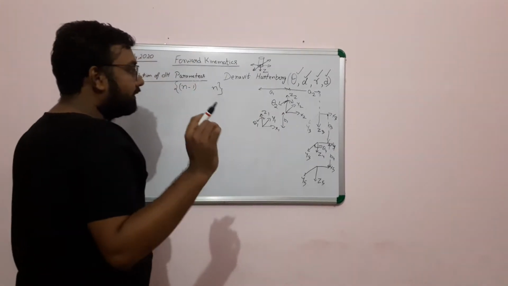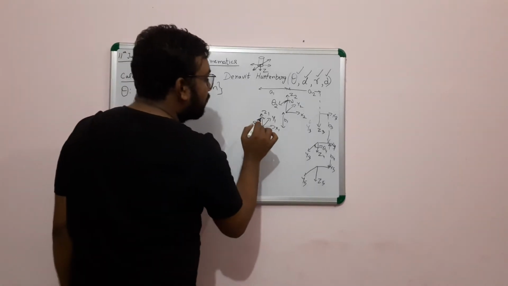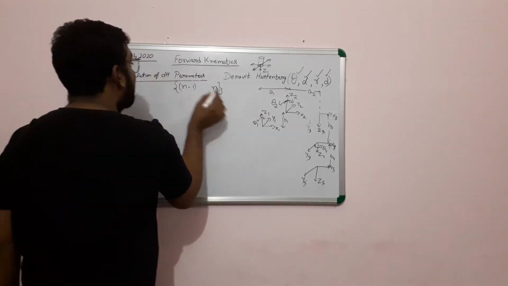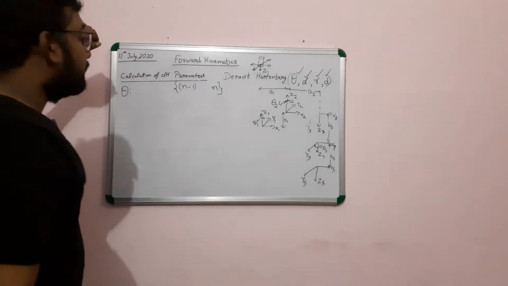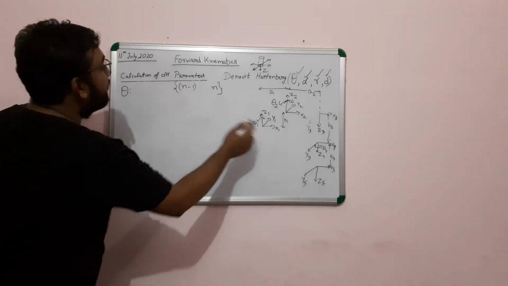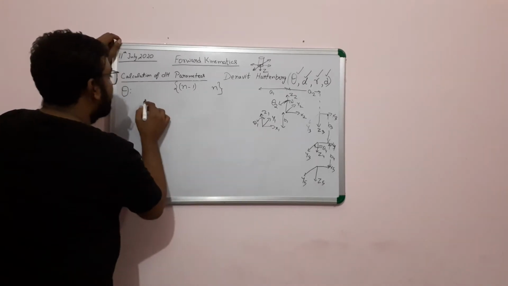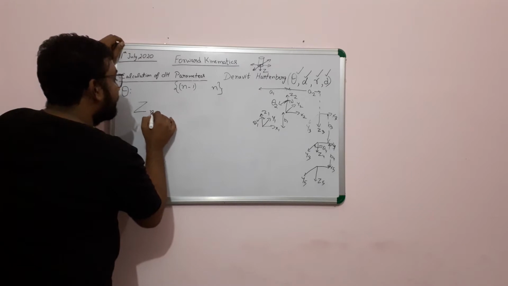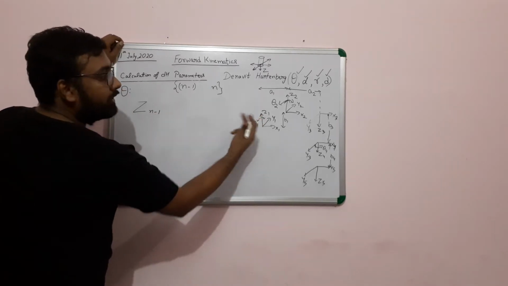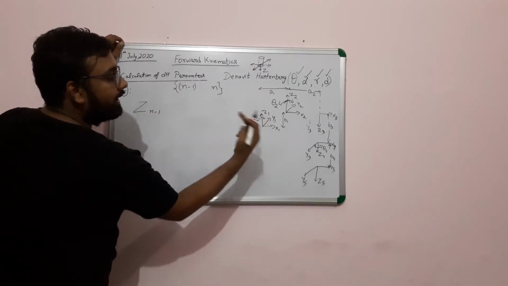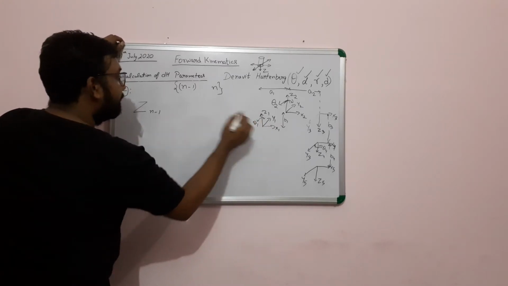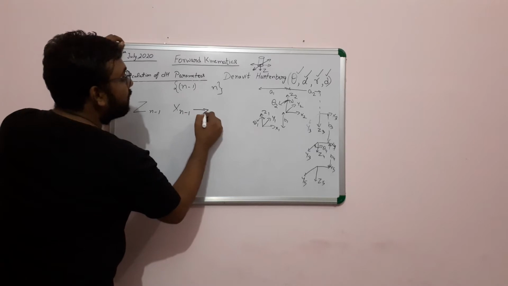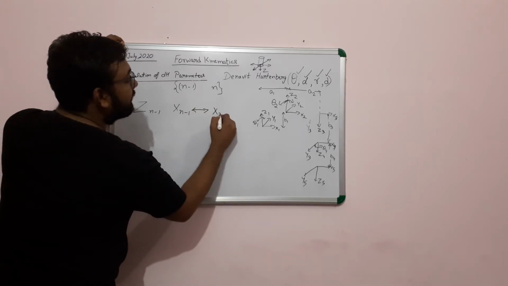See, theta is the angle at which we need to rotate the 0th frame around zn minus 1. Around zn minus 1 means z1, we need to rotate this x1, means xn minus 1, to make it match with xn.